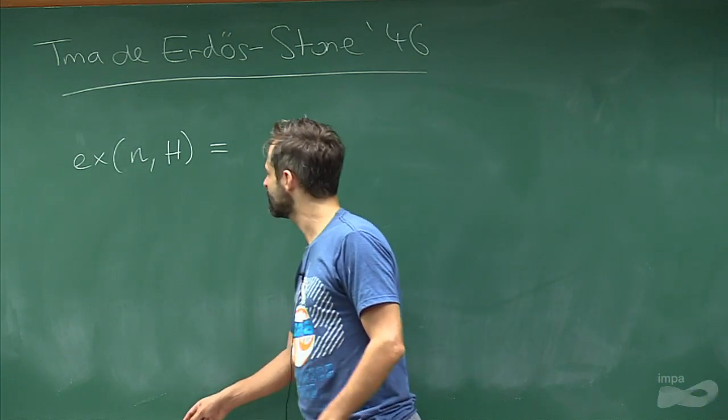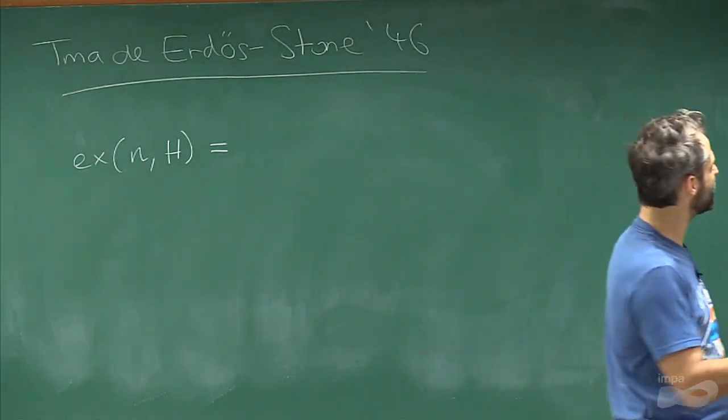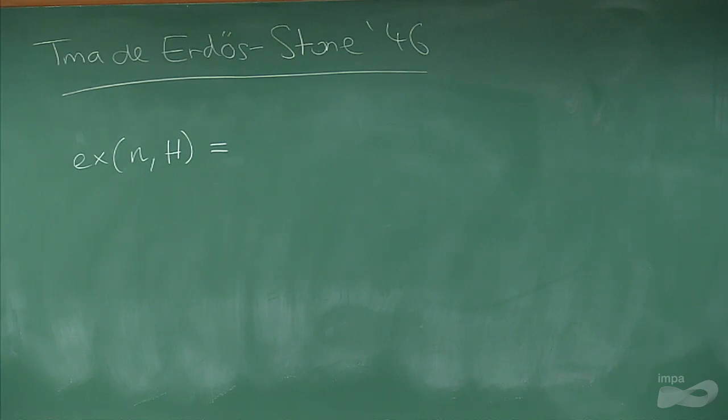So, can you give me a lower bound on the extremal number of H that holds for every graph H? There's a hint that there's a definition on the left. There are two definitions on the left.